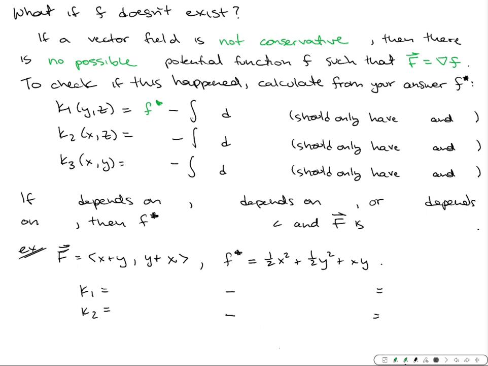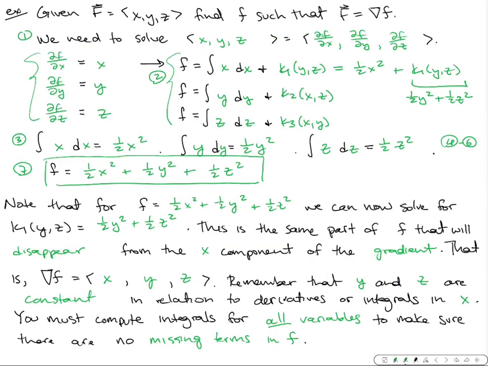If you go back to when we introduced these things, we should have that if you solve for K1, you get it from f minus the integral of your first component with respect to x. And if you want to solve for K2, you would get it from f minus your second component integrated with respect to y, and so on.